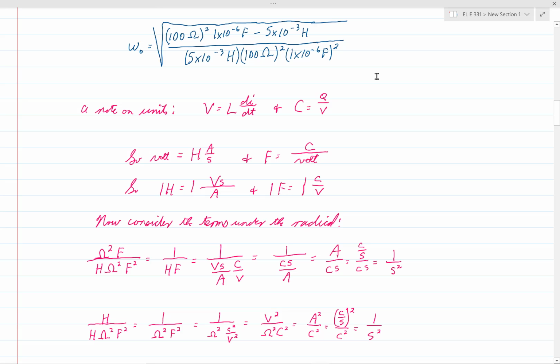And there's nothing really too wrong with that, but you're missing out on an opportunity to give yourself a check. What I mean is, if you carry along these units, they should all work out. If they don't, that's a very good indication that you've done something wrong with the problem. So when you just discard the units, you're throwing away the opportunity for the units to tell you something is off.